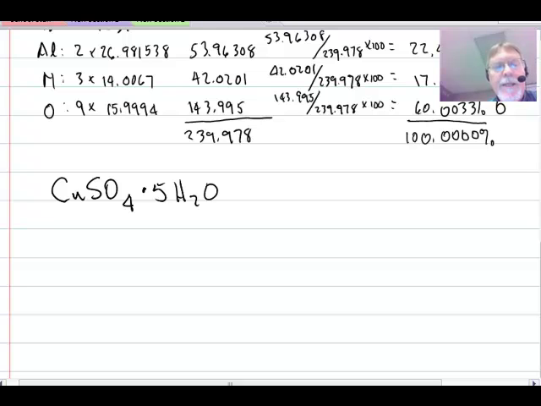And these can actually be driven off by heating the copper sulfate. You'll be doing a lab like that soon. But this is known as the water of crystallization. Copper sulfate is not the only substance that does this.